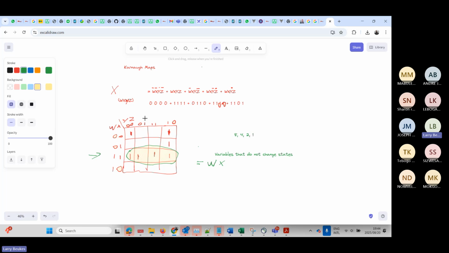In the second column, Z is 1. So what do we do? It changes states, so we throw it away. So our simplified version for this is basically just WX. You guys with me?